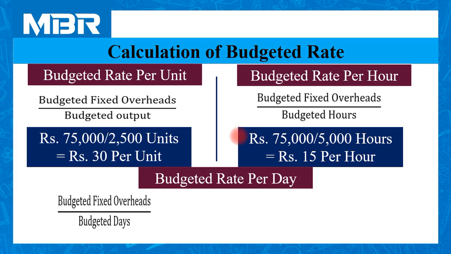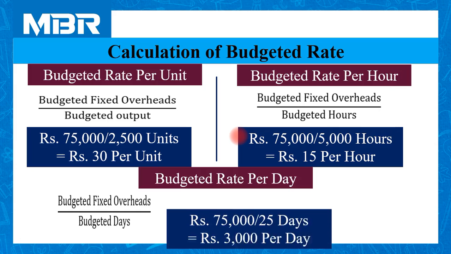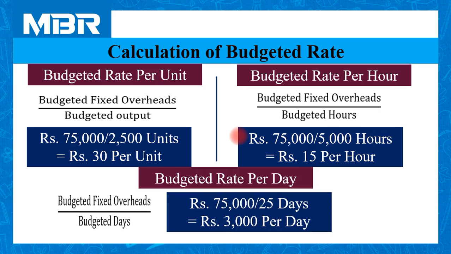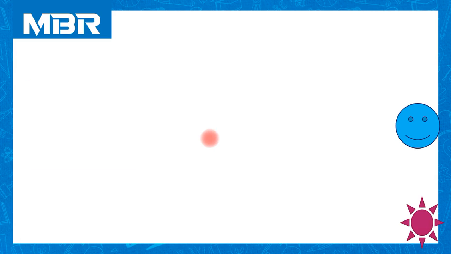Formula: budgeted fixed overheads divided by budgeted number of days. 75,000 rupees given as budgeted fixed overhead divided by budgeted number of working days 25 as given in the question. So rupees 3,000 per day.